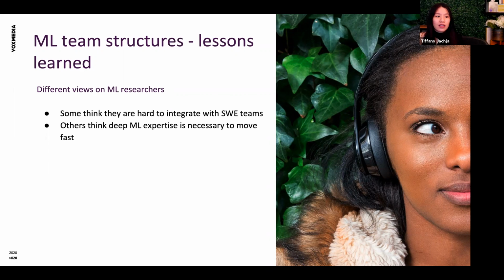Other people think the more ML expertise you have, the better off your teams are going to be, right? Because if you are going to be building these cutting edge solutions with data, and all this is relatively new, right? A lot of what had to happen in order to make deep learning and machine learning work well took years.